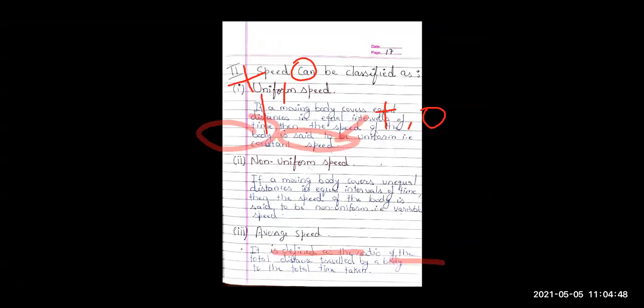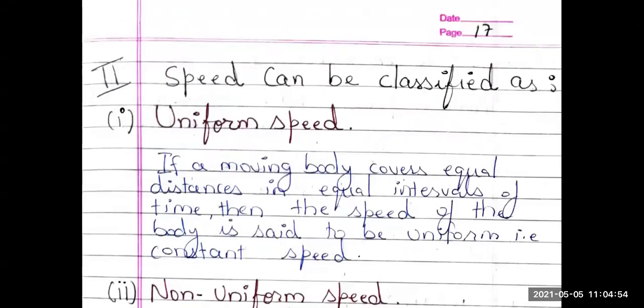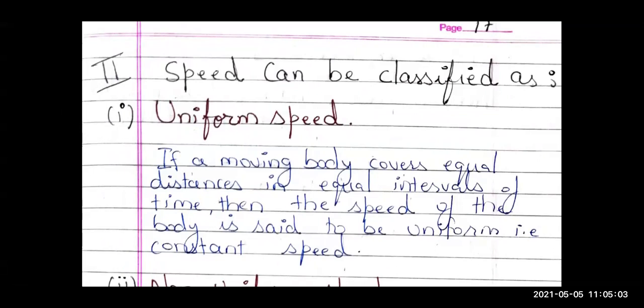right? Now, let's see the various categories, the various types of speed. The first speed is uniform speed. So children, as you all wear uniform in the school, right? You all look equal. So here we know speed is distance upon time.